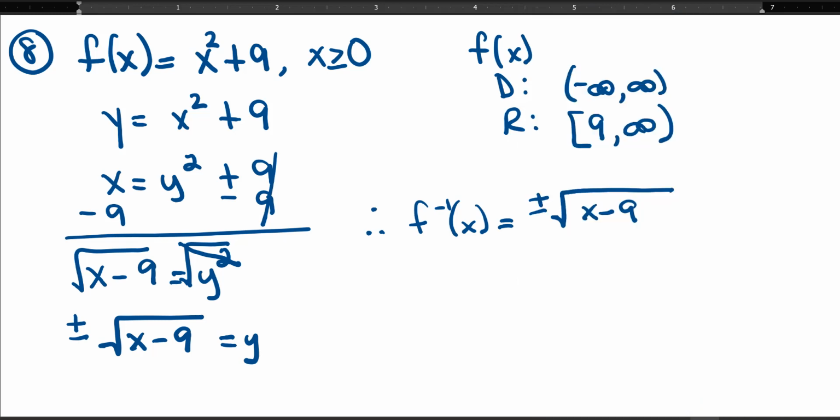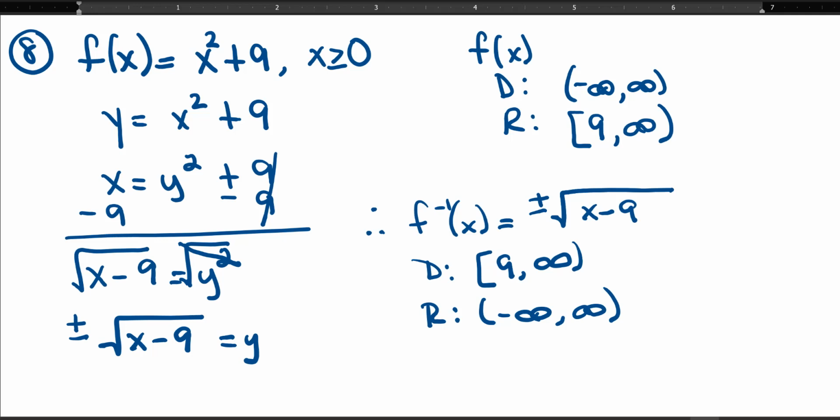Okay, so let's go ahead and write that down. Our range, negative infinity to positive infinity. And x has to be greater than our stipulation: x has to be greater than or equal to 9.